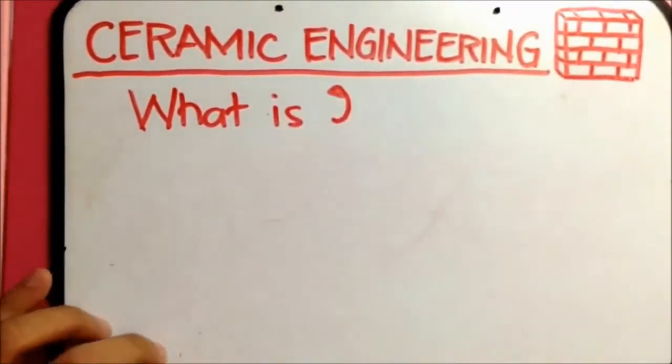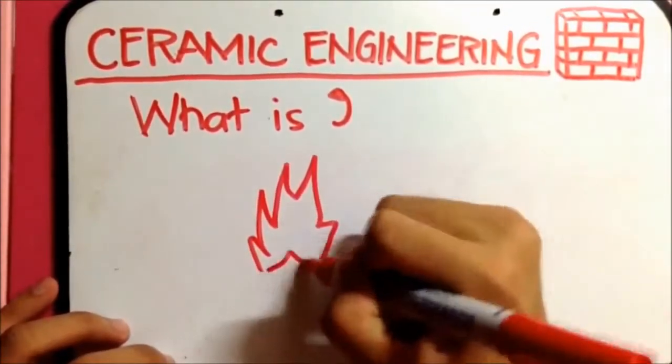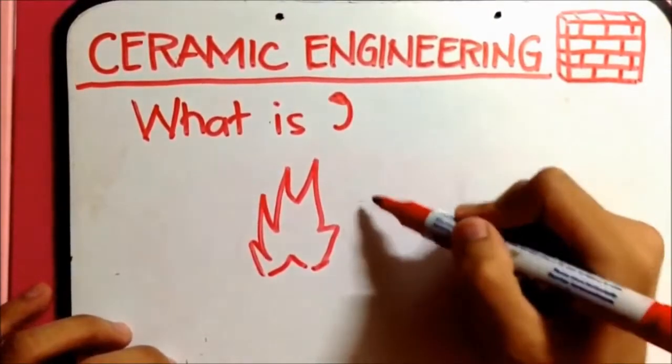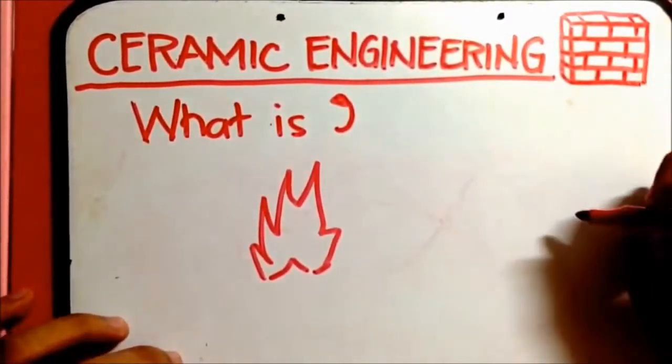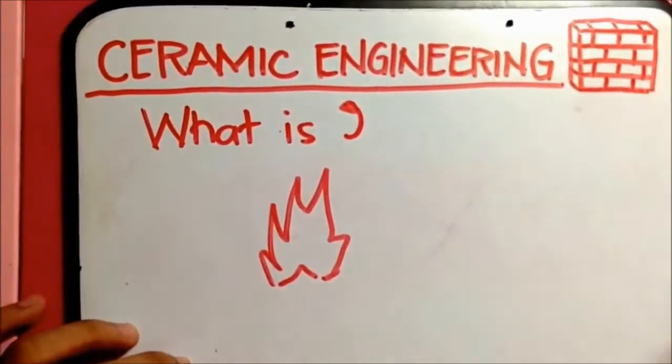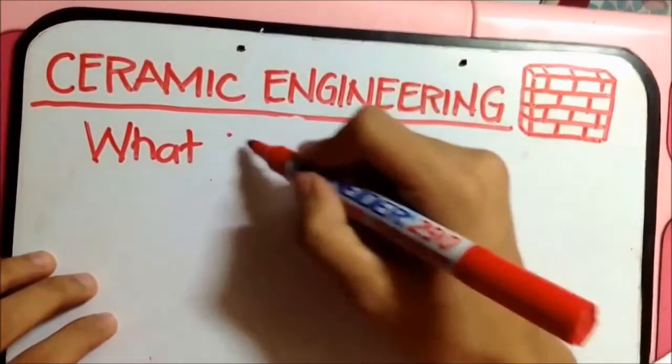It is done by heating the materials and a precipitation reaction, which is dried up. Let's recap what ceramic materials are.